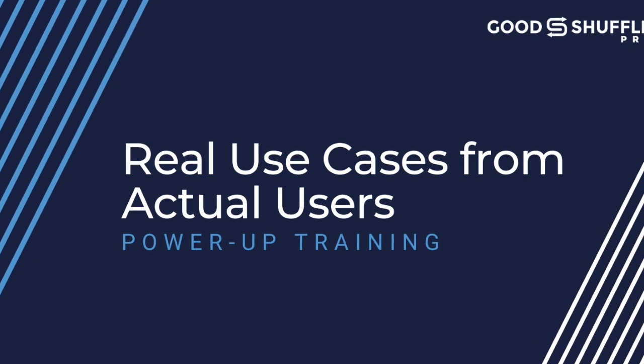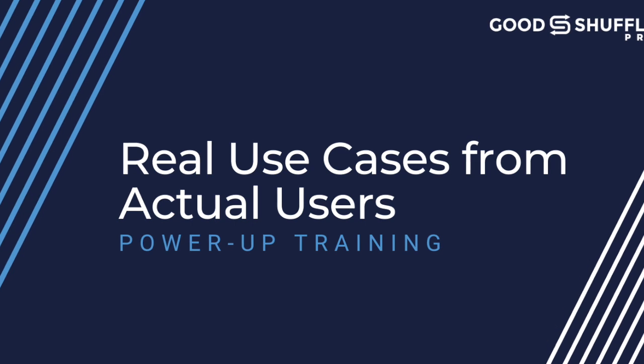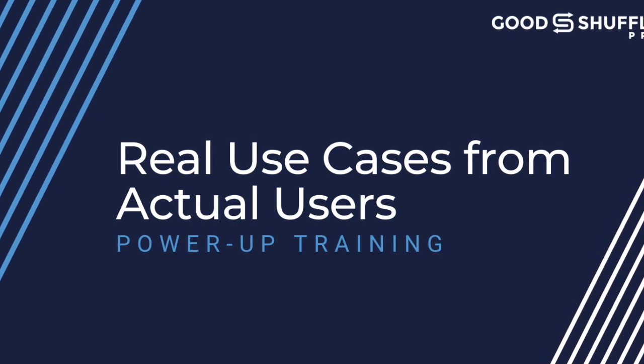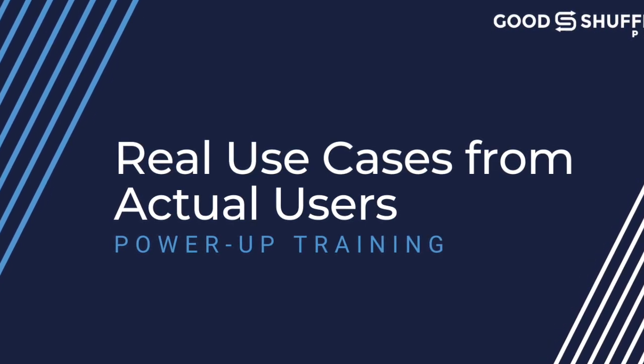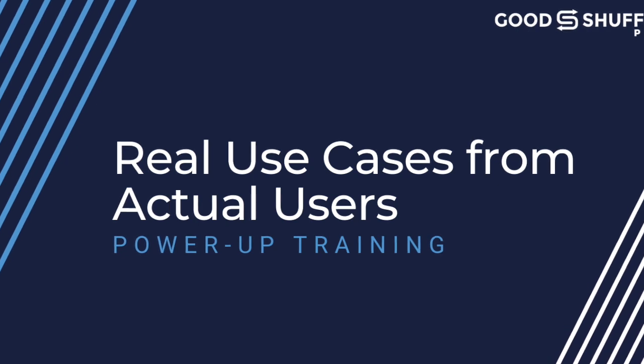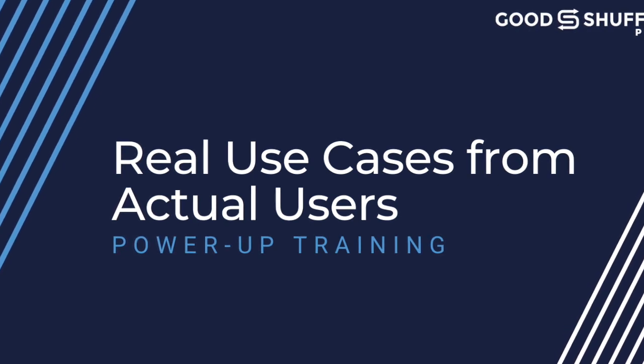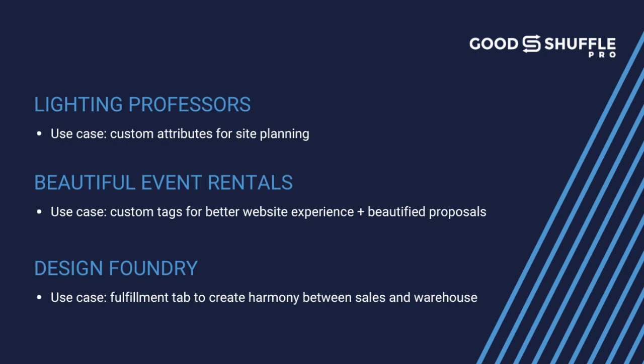We're going to go through 3 different phases in the planning process today and get started by going through the inventory management side, where Daniel's going to showcase the custom attributes that he uses for site and event planning.